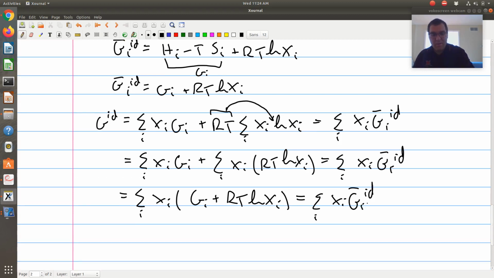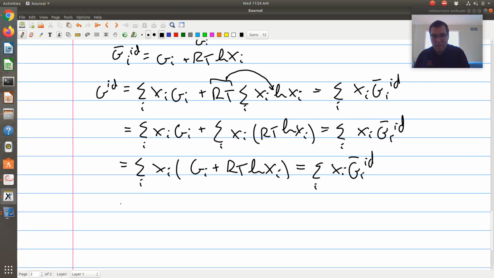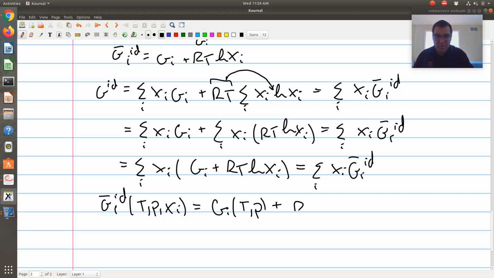Matching, we get that G bar i ideal, which again is a function of temperature, pressure, and composition, is equal to Gi, my pure component value at the same T and P, plus RT log xi.